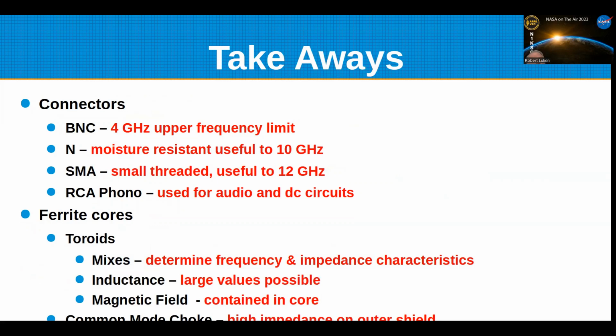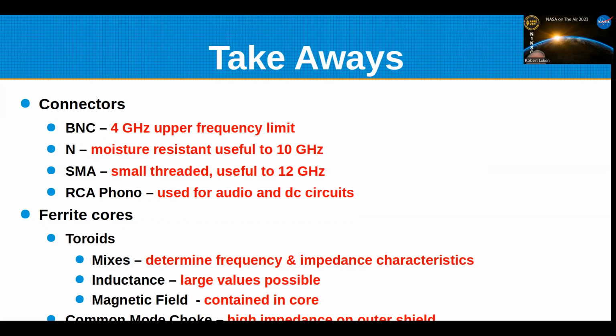Connectors, BNCs have a 4 gigahertz upper limit. N connectors are moisture resistant and useful to 10 gigahertz. SMAs are small threaded, useful to 12. In their question, they just said several. And RCA phono connectors are used for audio and DC.